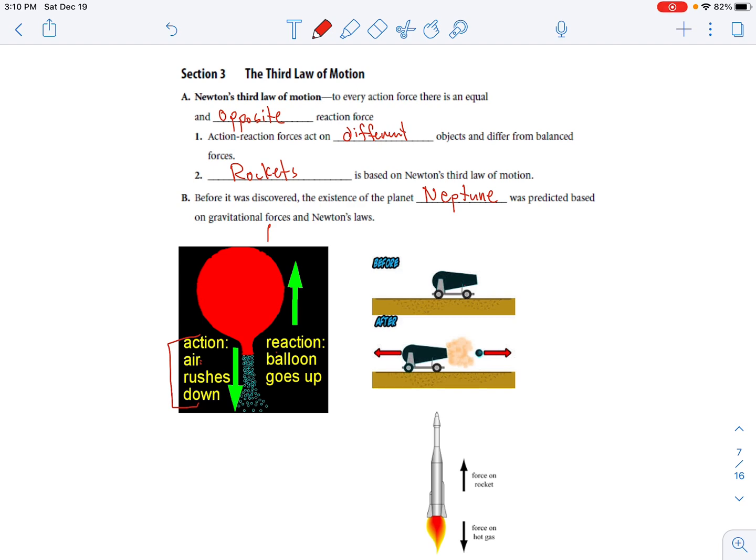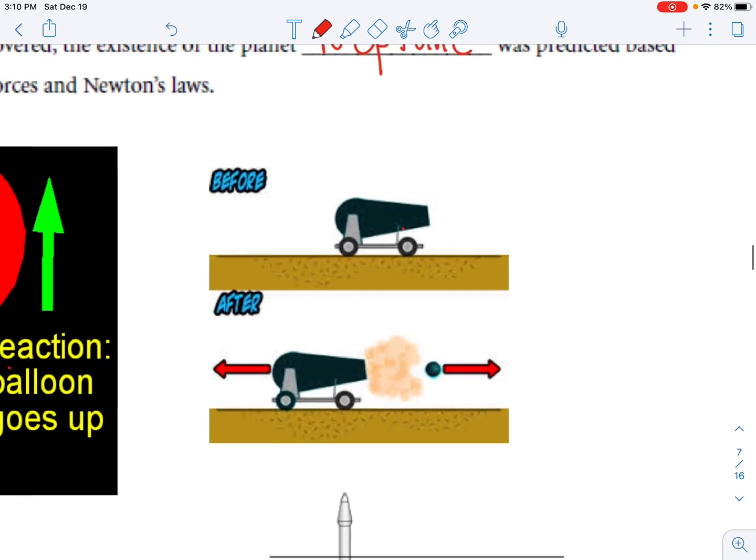This cannon picture here is pretty common. If you watch a pirate movie or a Civil War movie and you see them shooting off cannons, every time the cannon gets shot, the cannon will move back a little bit because of the force of the cannonball being shot forward. So this action of pushing the cannonball forward makes the cannon have a reaction going backwards.